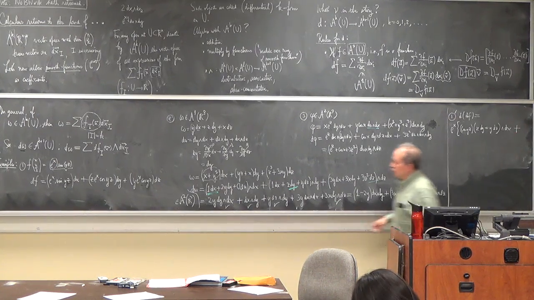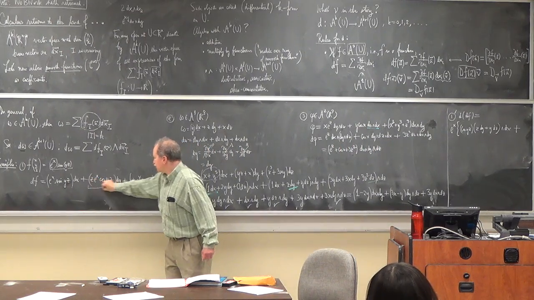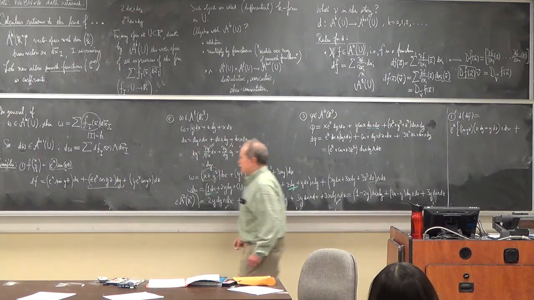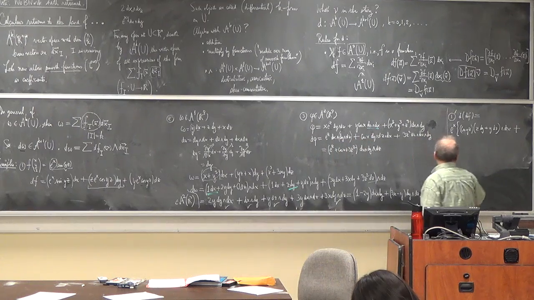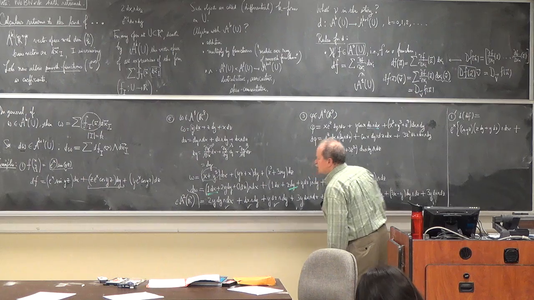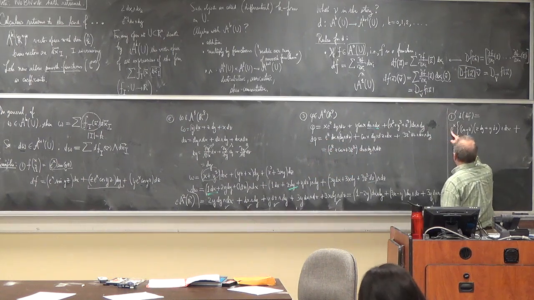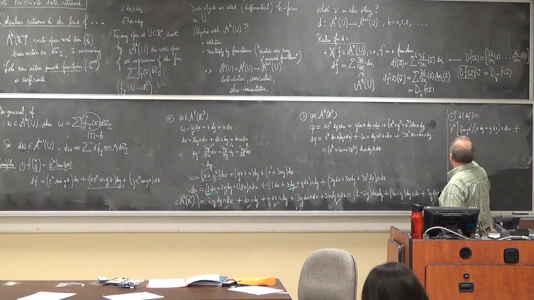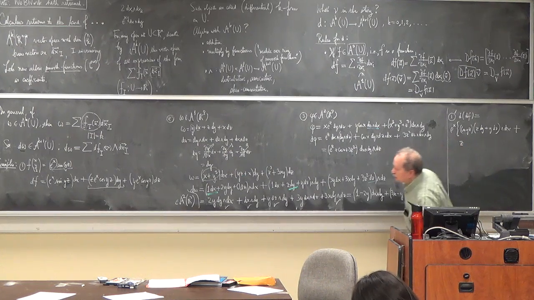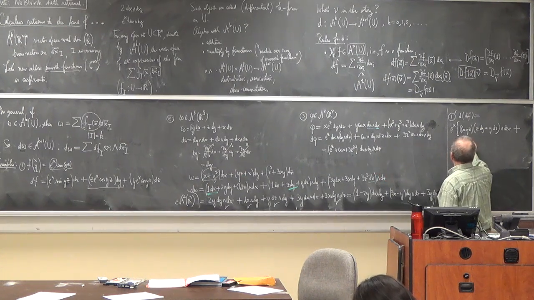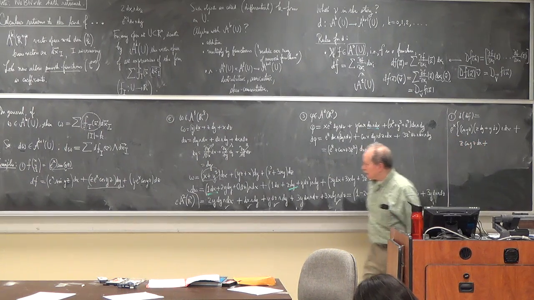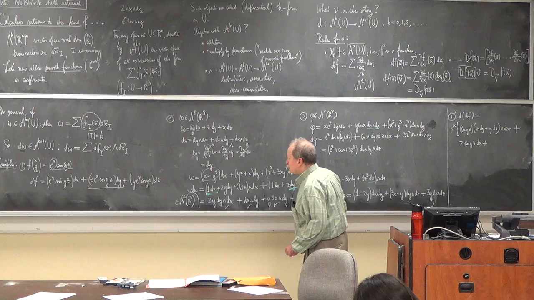Now I have to take the d of this piece. Well, which partials are going to matter now? x and z. So the x partial is going to be e to the x, still sitting there, cosine yz dx. And what's the z partial going to be? Product rule.